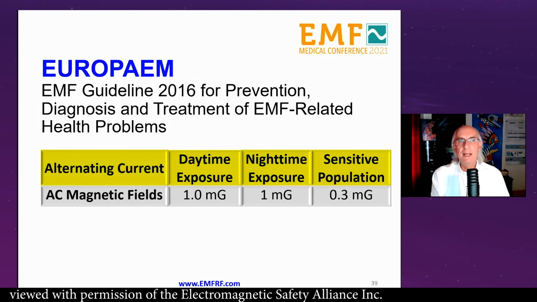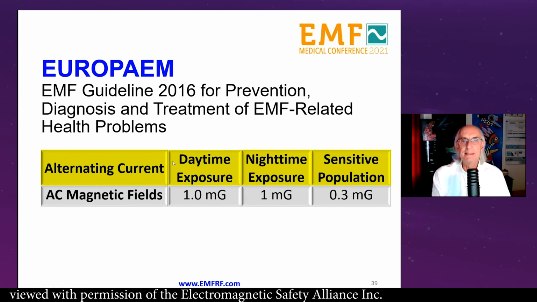Now, where do we get some of the recommendations from? I personally go by the European EUROPAEM recommendation. It is a document which was issued in 2016, EMF Guidelines for Prevention, Diagnosis, and Treatment of EMF-related health problems. So it's not only about the treatment, it's also about the diagnosis of patients. They have a very unique approach, which I like a lot, and that is that we have 3 different categories.